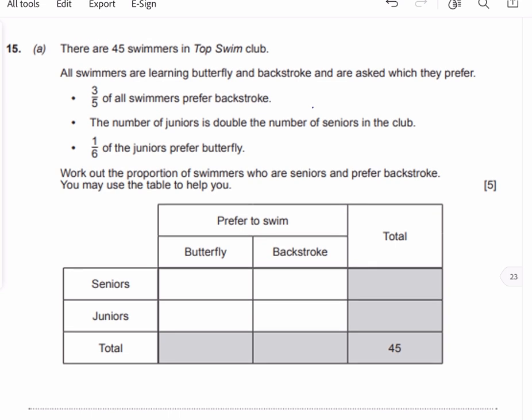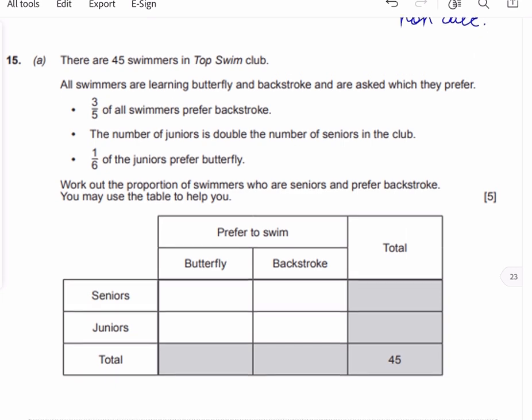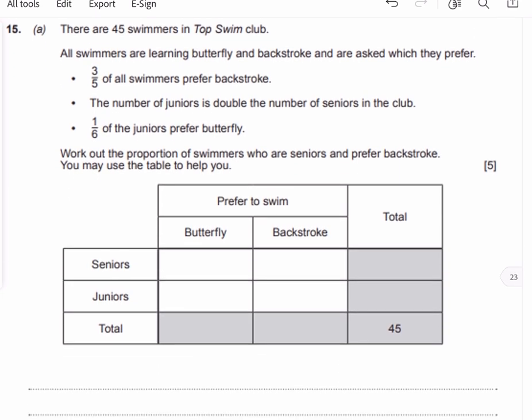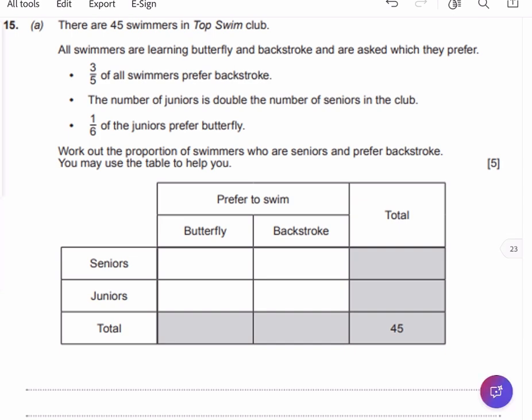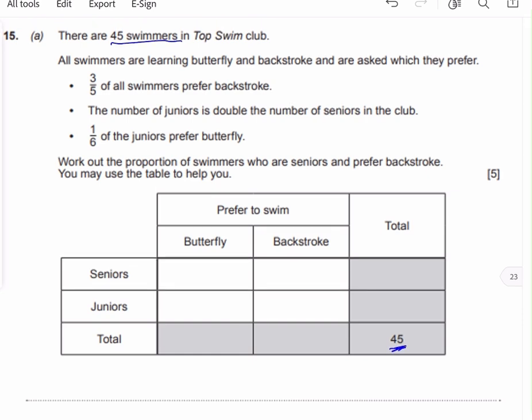Let's look at this question with two-way tables. It involves fractions, working out fractions, and writing all the missing numbers in a table. There are 45 swimmers in Top Swim Club. All swimmers are learning butterfly and backstroke and are asked which they prefer. 3/5 of all swimmers prefer backstroke. So let's work out 3/5 of 45.